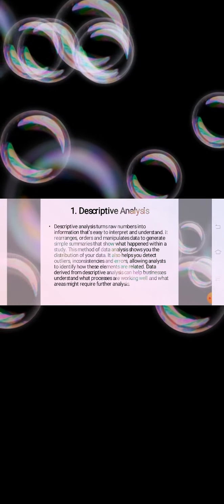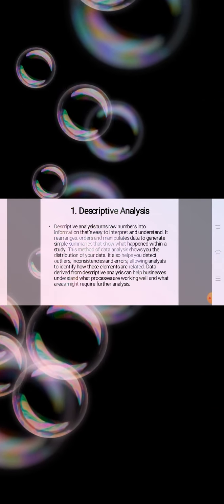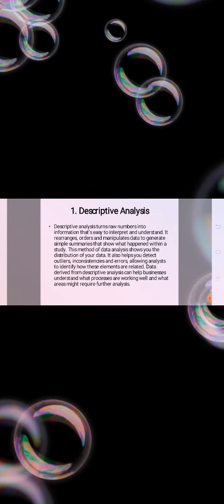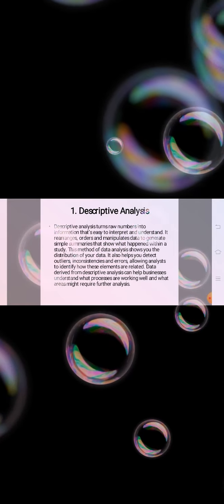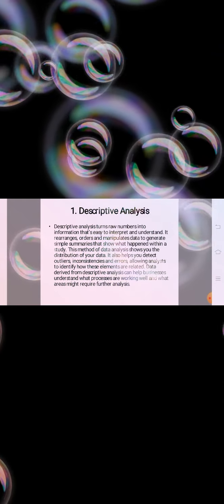What is descriptive analysis? Descriptive analysis turns raw numbers into information that's easy to interpret and understand. It rearranges, orders, and manipulates data to generate simple summaries that show what happened within a study.